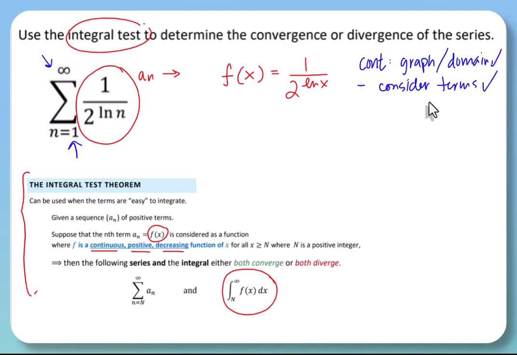There's nothing that is going to create a negative term here. And then when we look at decreasing, that would be taking the derivative of this function. You can also show that the n plus 1 term is always going to be less than the nth term, but in this case, I'll deal with the derivative.